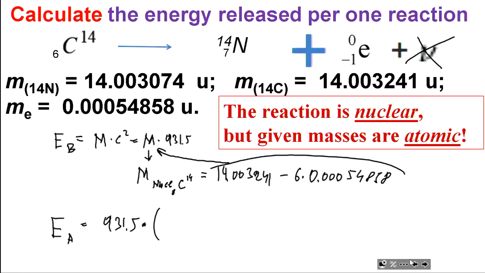And then nitrogen, 0.03074. Now, to get the mass of a nucleus, I have to subtract. How many electron masses should I subtract? 7 electron masses.